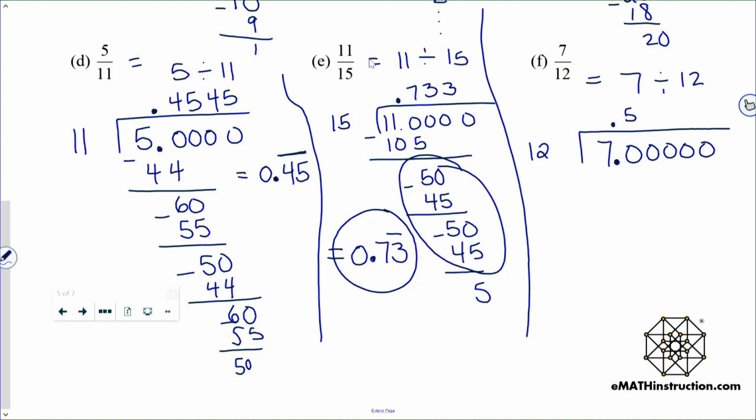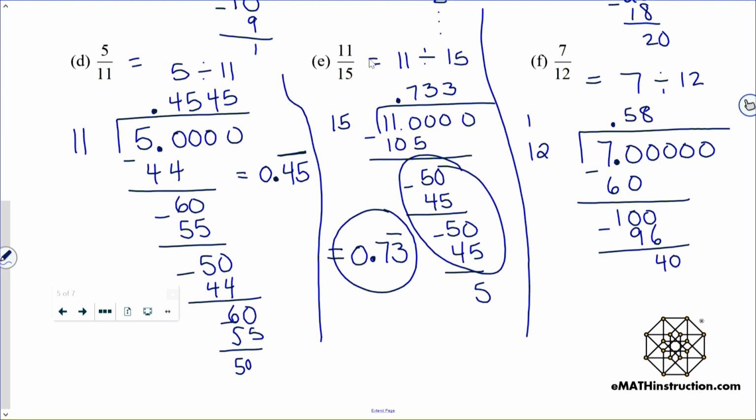So 5 times 12 is 60. Hopefully we know that. When we subtract, we get 10, and we drop another 0 for 100. How many times does 12 go into 100? Well, that one's a little bit trickier, right? But let's try what? 8? 8 times 2 is 16, carry the 1. 8 times 1 is 8, plus 1 is 9. I like it, 96, great.